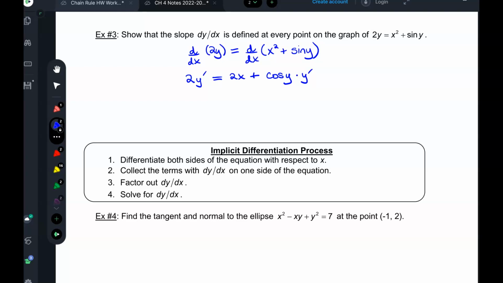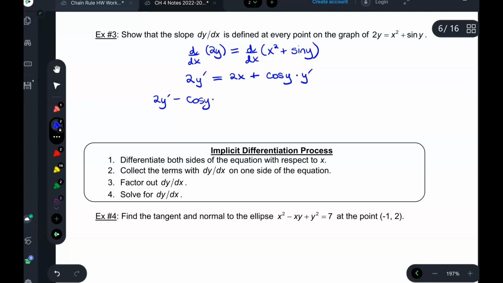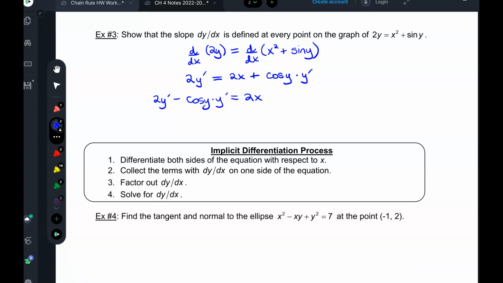All right, what do I have in this case? I have y prime on both sides. So let's move all the y primes to one side. I'll have 2y prime minus cosine of y times y prime equals 2x. Why do I need to do that? Because I need to factor out that y prime, I'm trying to isolate it.